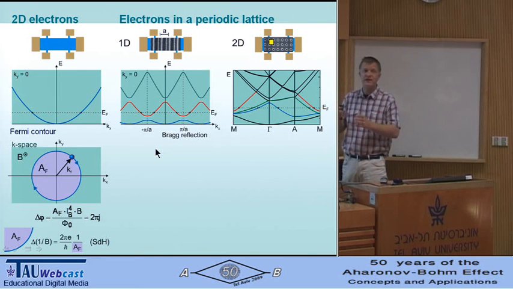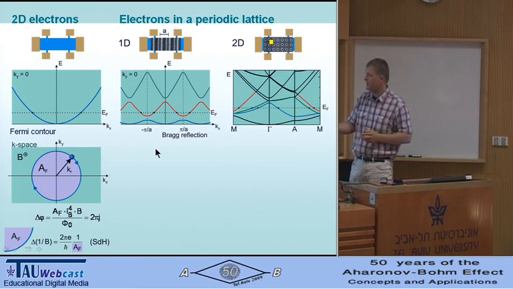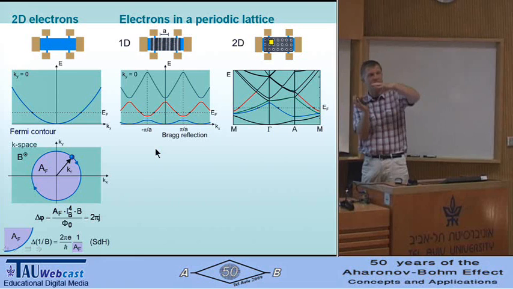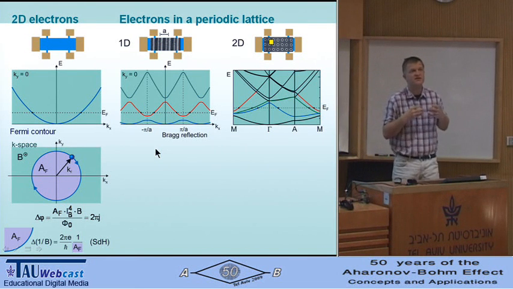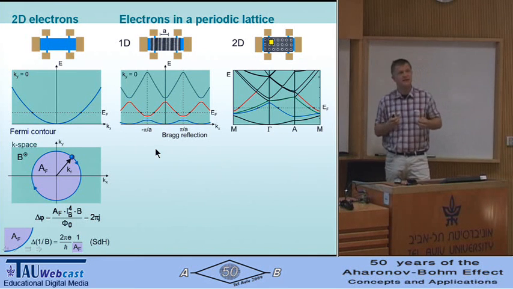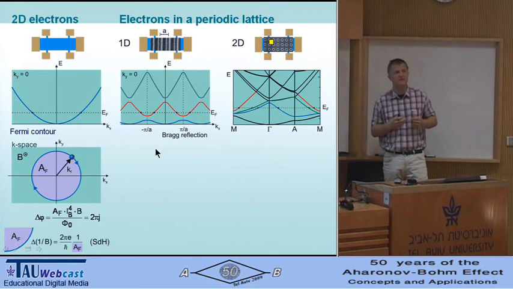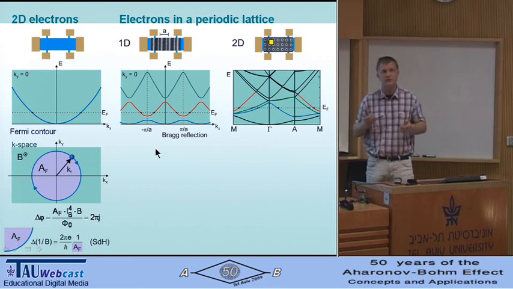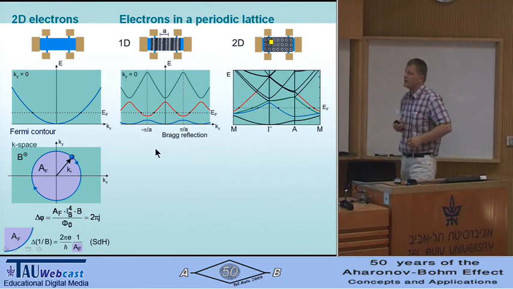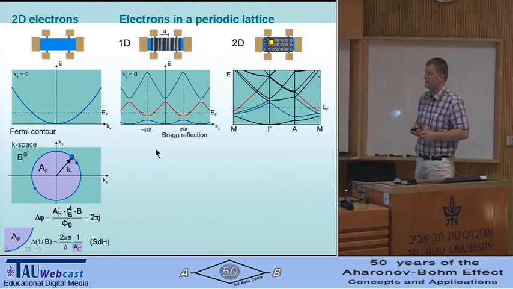The orbit in real space is exactly identical to this one in K-space, except that it is rotated by 90 degrees, and it is also scaled. It's scaled by the square of the magnetic length, a length scale that appears as soon as we turn on a magnetic field. It only depends on fundamental constants. It's essentially equal to the square root of h bar divided by the product of the elementary charge and the magnetic field.